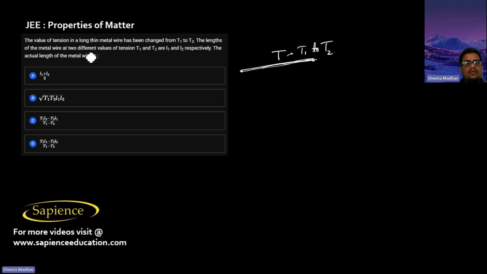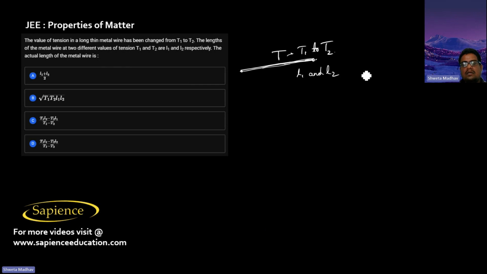The lengths of the metal wire at the two different values of tension T1 and T2 are L1 and L2 respectively. Then the actual length of the wire is to be found.